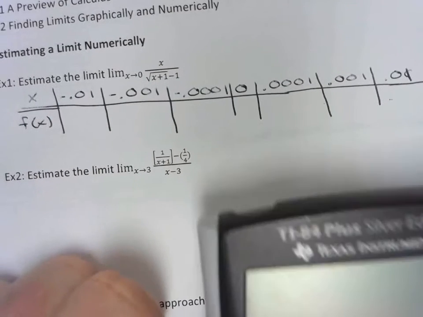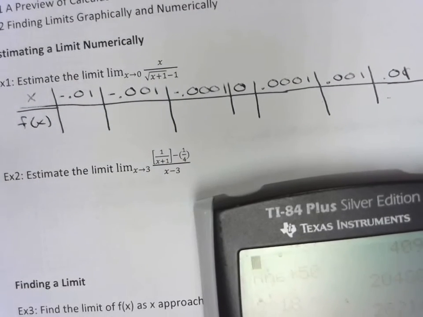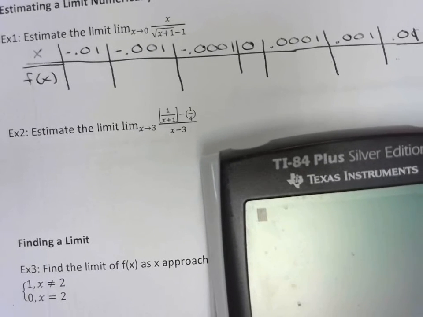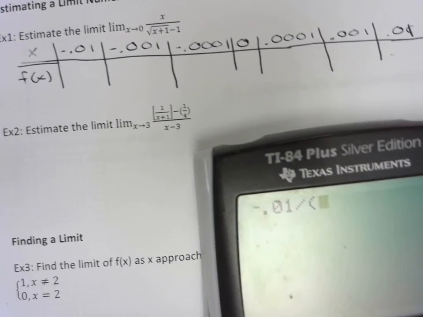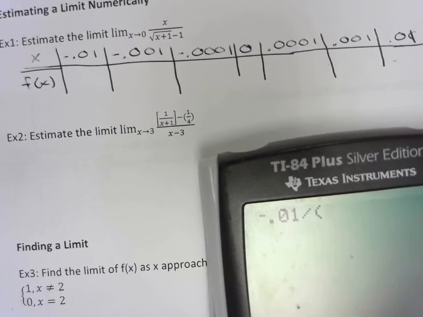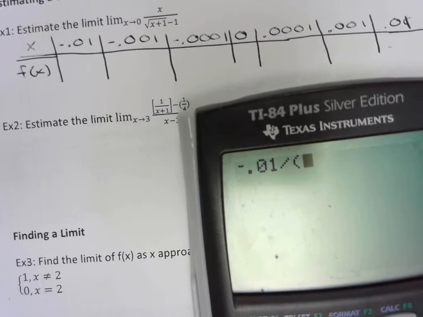If we just plug this into our calculator, you can plug it all in at once. So we're going to have -0.01 divided by, and overuse parentheses more than you need to, to make sure you don't do the order of operations wrong, the square root of -0.01 plus 1.